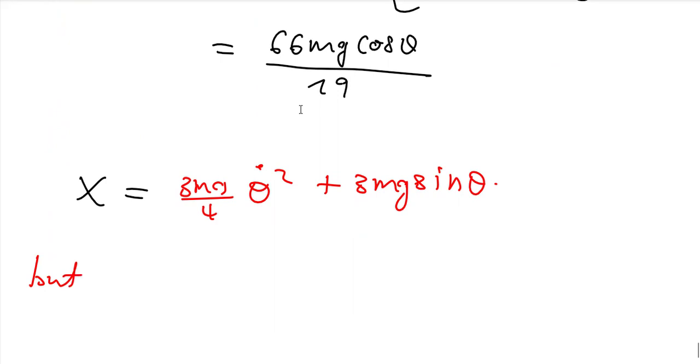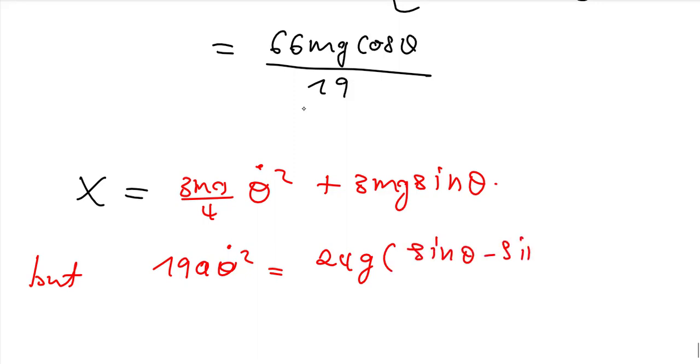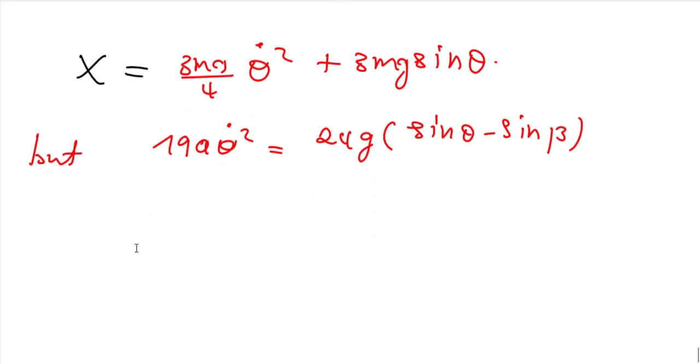But we know from proof that we had 19a theta dot square was equal to 24g into sine theta minus sine beta. Now from here we can calculate theta dot square.